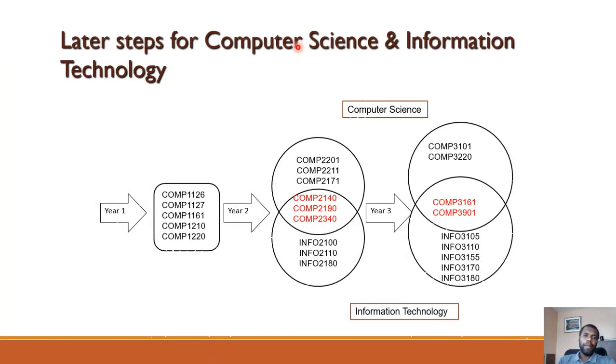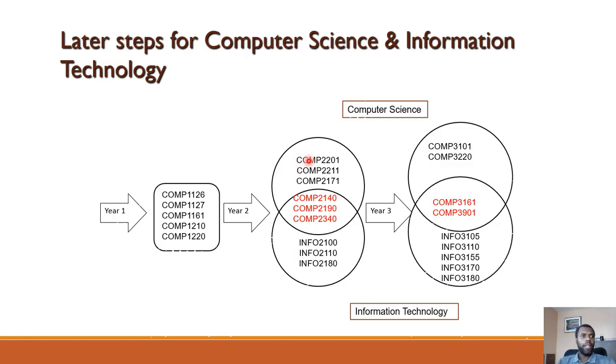So at this point, I will assume that all students have taken and passed the 5 level 1 computing courses. Some of you may have taken Math 1152 in lieu of Comp 1210. That is okay.